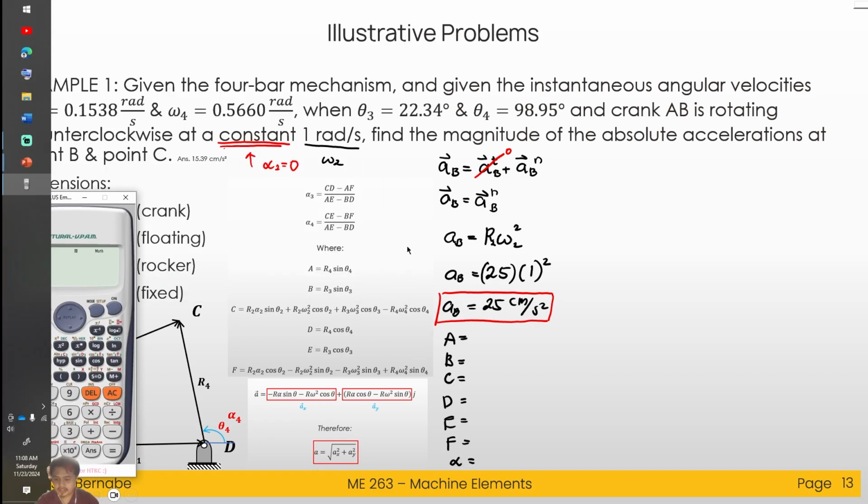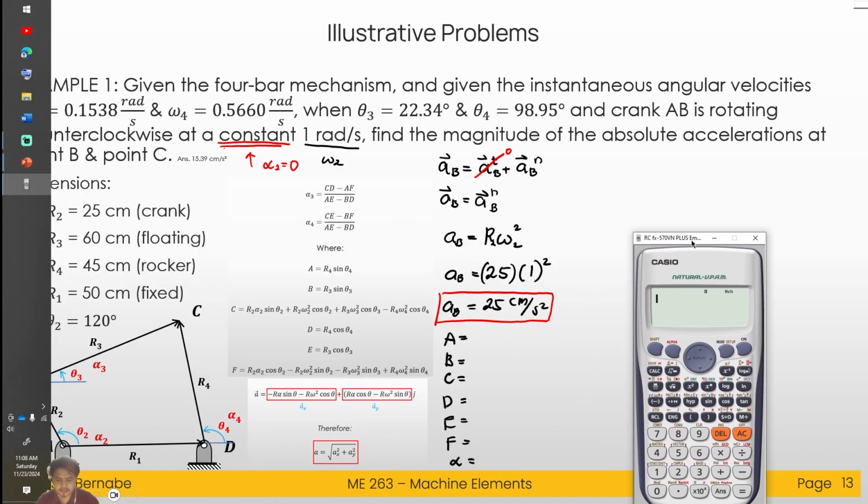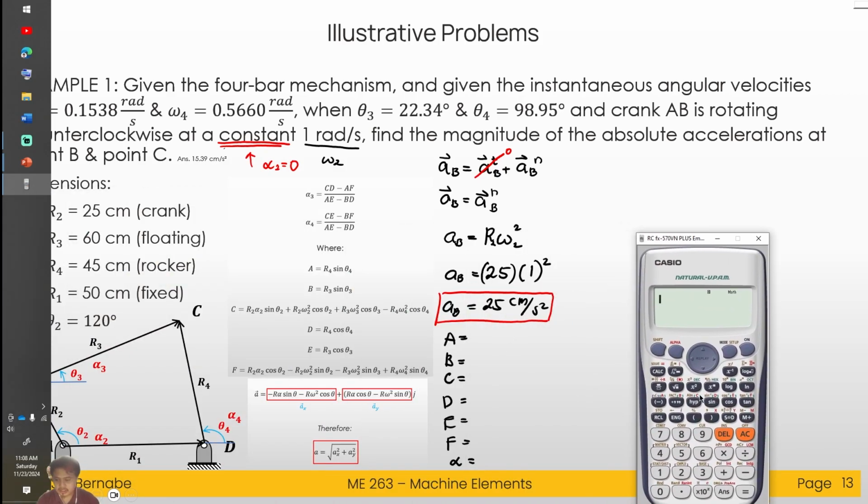For solving for A, we can just solve this using R4 and theta 4. What is R4 here? We have 45 and then sine theta 4, so you have 98.95.